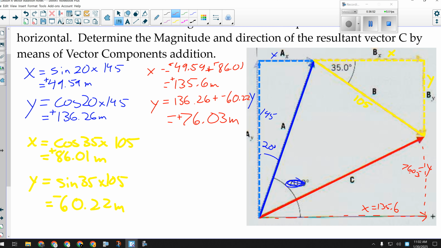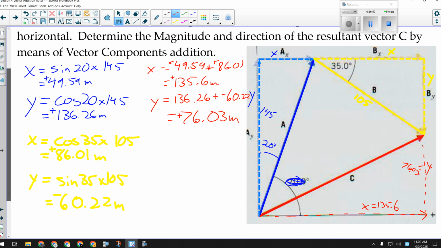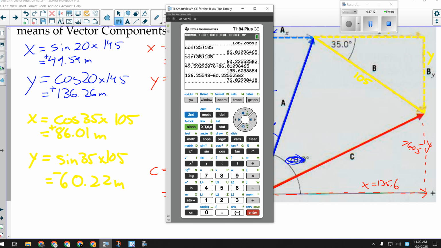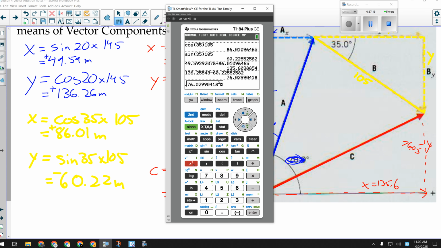Okay. So I'm going to do Pythagorean theorem to get C. And again, guys, I'm keeping all my decimals. I'm not rounding anything off until the very end.